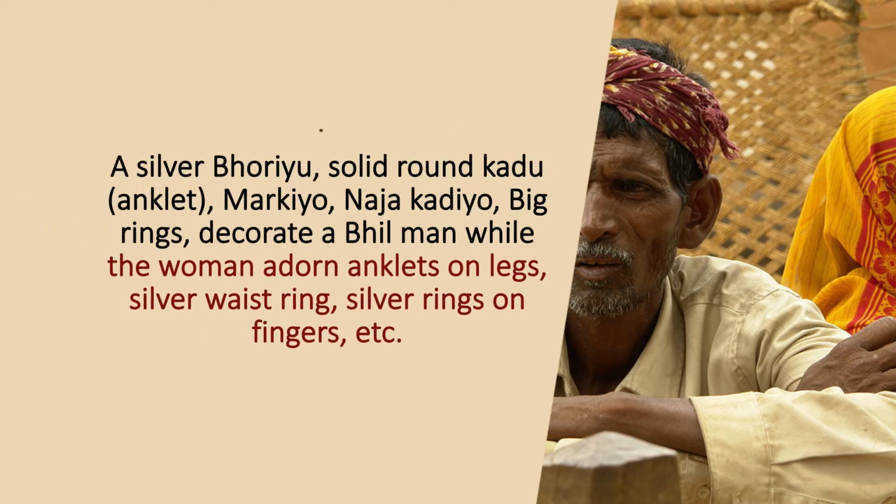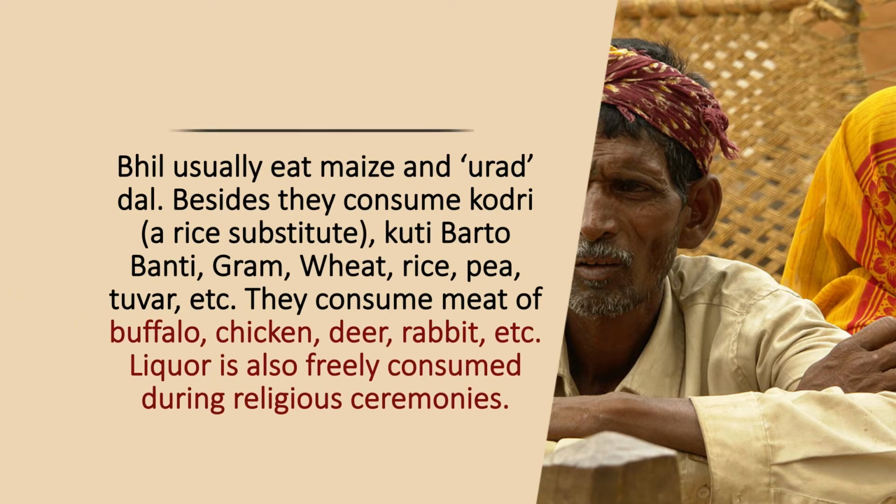A silver boriyu, solid round kadu anklet, markio, naja kadiyo, big rings decorate a Bhil man while the women adorn anklets on legs, silver waist rings, silver rings on fingers, etc. Bhil usually eat maize and urad dal.